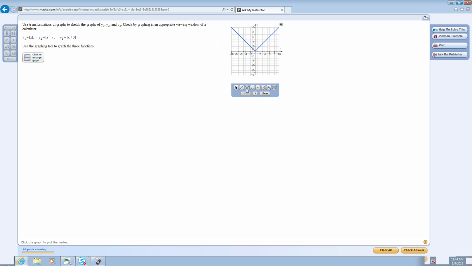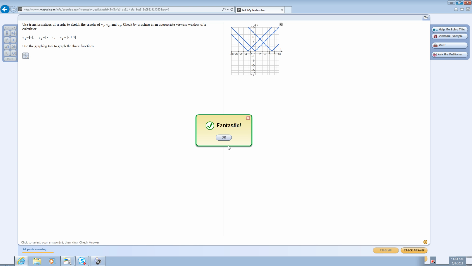And then I'm going to move 1, 2, 3, 4, 5, 6, 7 right there, and I'm going to put a 1 to 1 there. There's that graph. And then I'm going to move 3 to the left. 1, 2, 3. And I'm going to put a 1 to 1 there. Why am I doing 1 to 1? Because it's the absolute value of x, that's y is equal to x, 1 to 1. And there's the 3 graphs, and we hit check, and we feel good about ourselves.